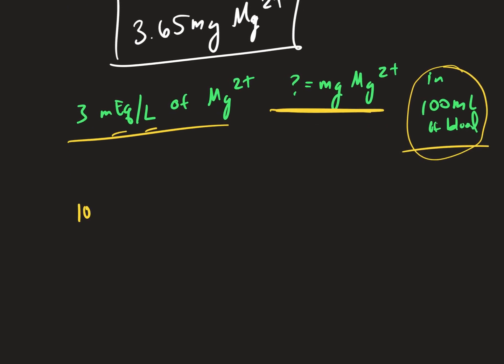So let's start with 100 milliliters of blood. What can we convert to? Yeah, what does this mean? Milliequivalents per liter of blood, right? So we got to convert to liters so that we can eventually get rid of liters, right? So 1,000 milliliters to 1 liter.